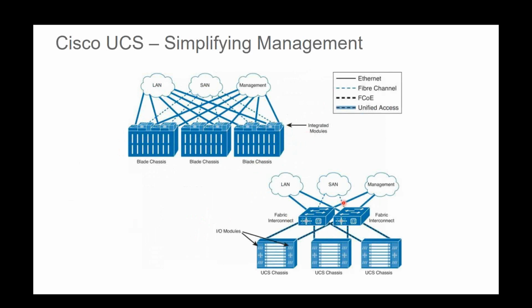With UCS, all these LAN, SAN, and management connections just come into a pair of Fabric Interconnects, and that can then manage anywhere from, I believe it's 20 to 40 chassis hooked up on the back end, depending on the model of fabric interconnect, the expansion modules you have, and how many links you run to each chassis.